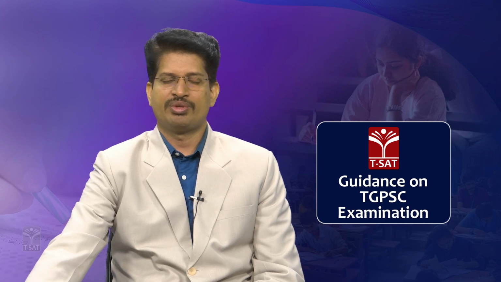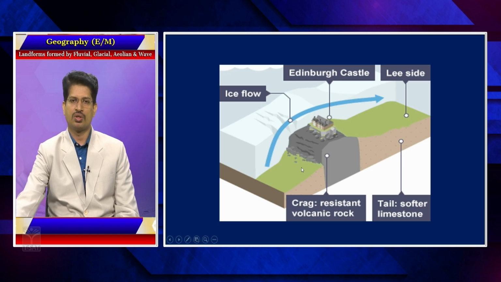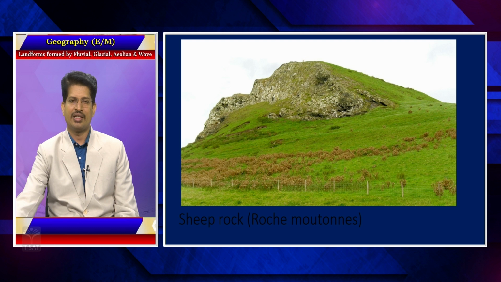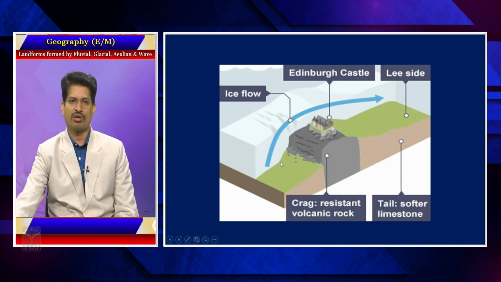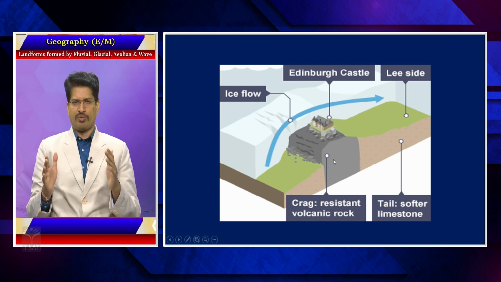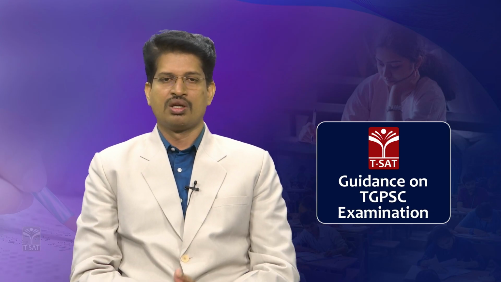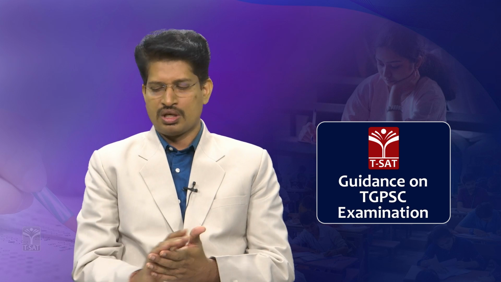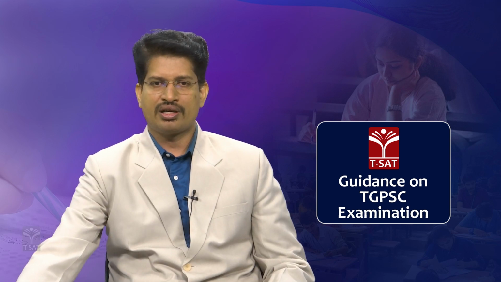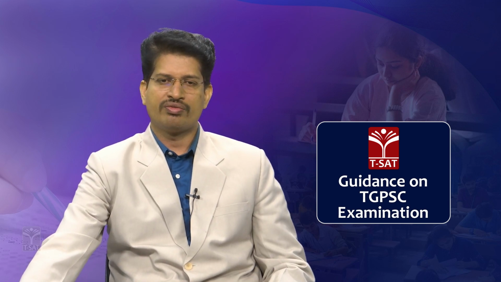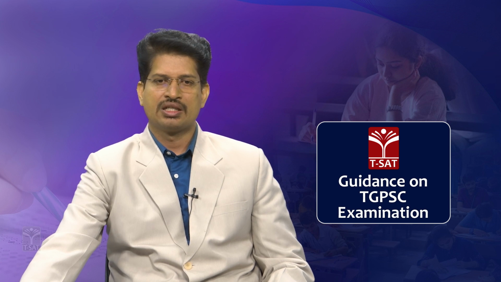Another structure formed by glacial erosion is known as the crag and tail structure, or sheep rock. This has been described as a sheep rock. Here, when the glacier is moving from a higher region to a lower region, if there is a much harder rock, like granite, compared with other rocks, it is resistant to erosion, and the other rock gets eroded very easily, leading to the formation of a crag and tail structure.